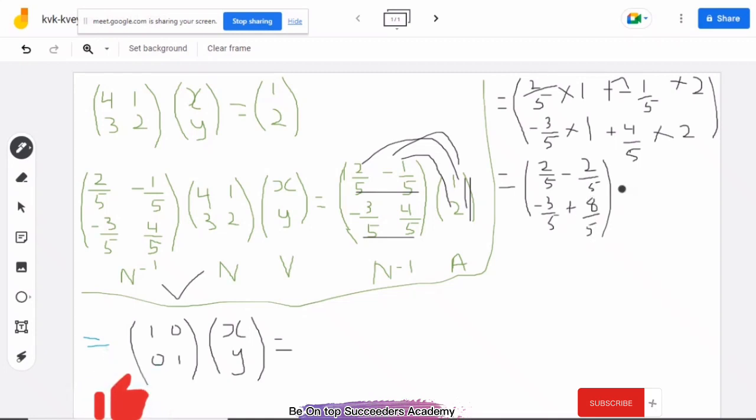Plus 4 twos are 8/5. 2 take away 2 is 0, and 5 take away 5 is 0, so that's 0, right? And then 8 take away 3 is going to give you 5, or -3 plus 8 is 5/5, which is 1. So the answer is 0, 1. And it really means that the value of x is equal to 0 and y is equal to 1.